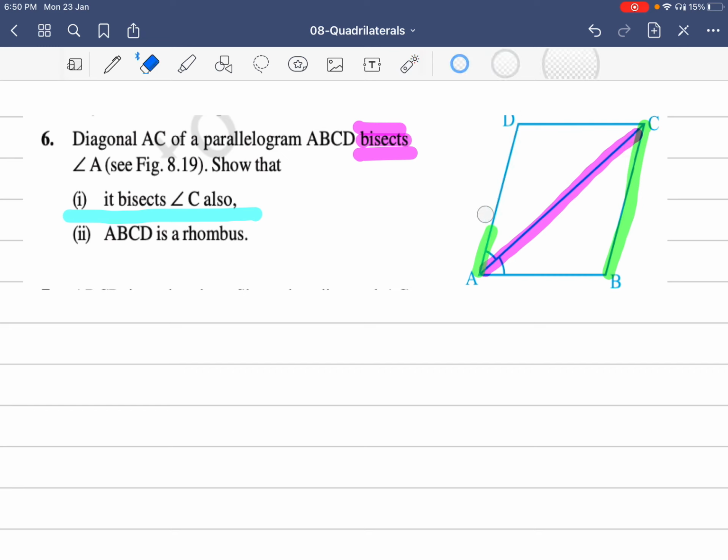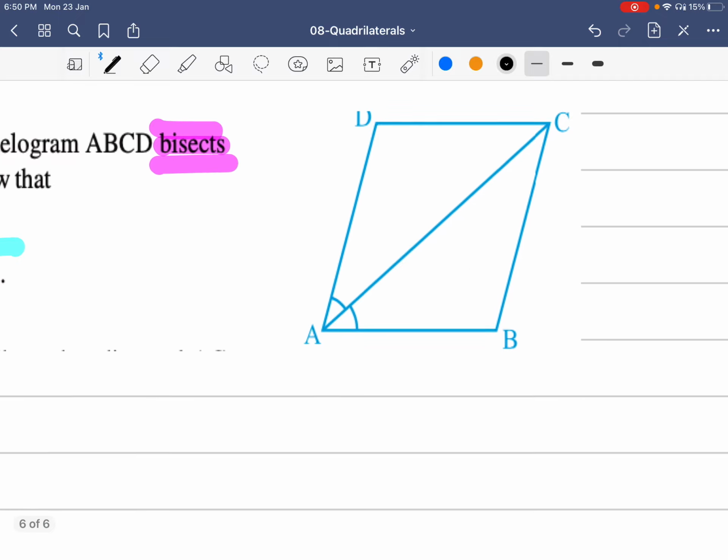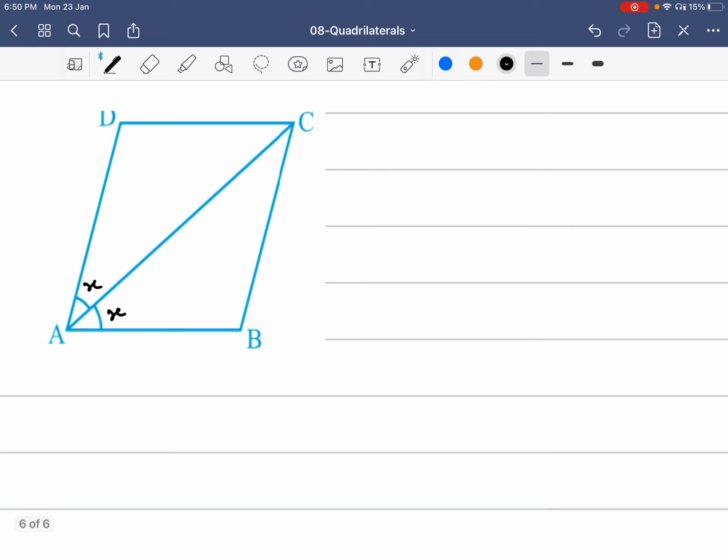So once again I'm going to erase this so that we understand it carefully. Let's zoom a bit. Yes, so these two angles are equal. Let's call this x and this x, because these two angles are equal, that is given to us. Now the point we are trying to make is, point number 1: angle DAC is equal to angle ACB.